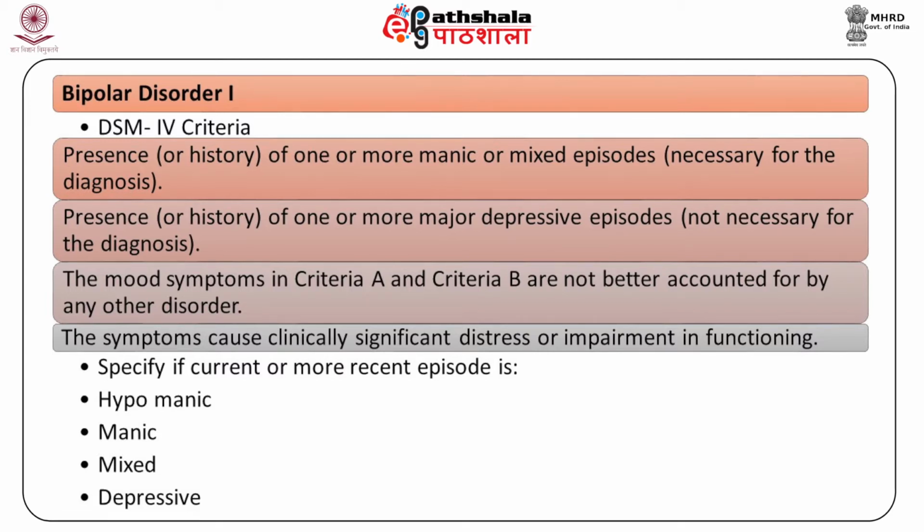C. The mood symptoms in criteria A and criteria B are not better accounted for by any other disorders. D. The symptoms cause clinically significant distress or impairment in functioning. E. Specify if the current or most recent episode is first, hypomanic; second, manic; third, mixed; fourth, depressive.